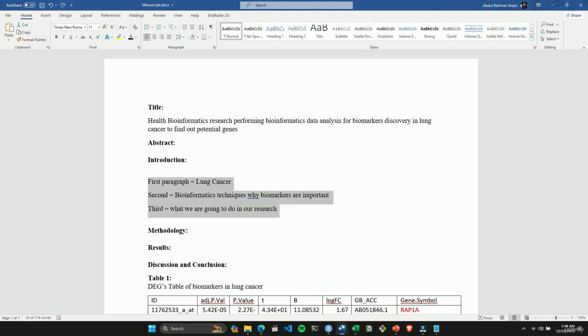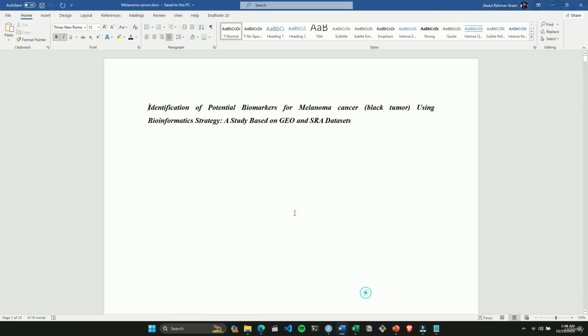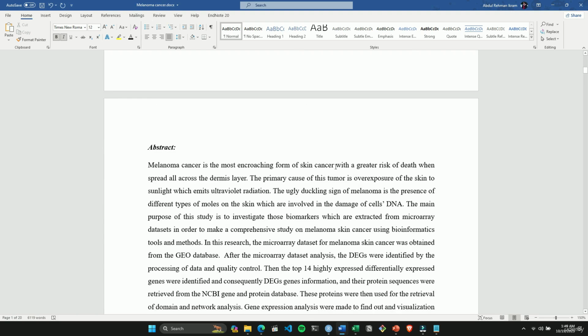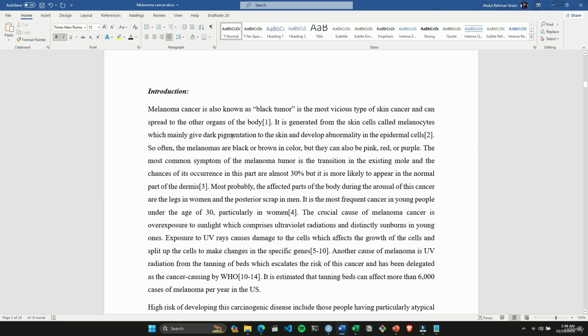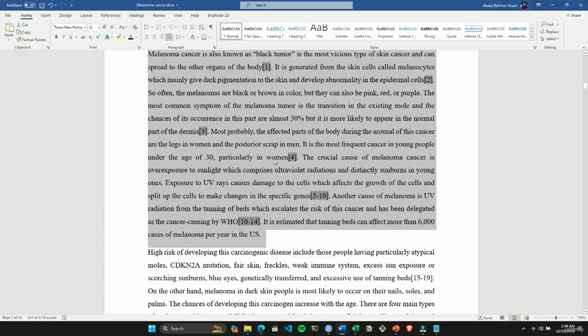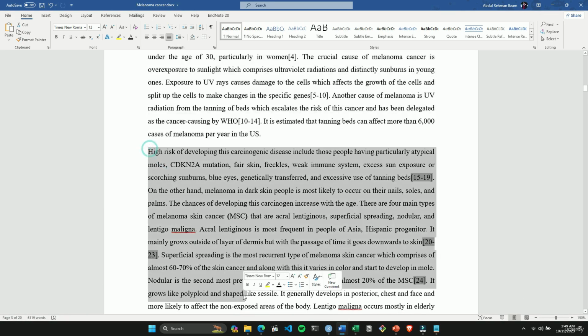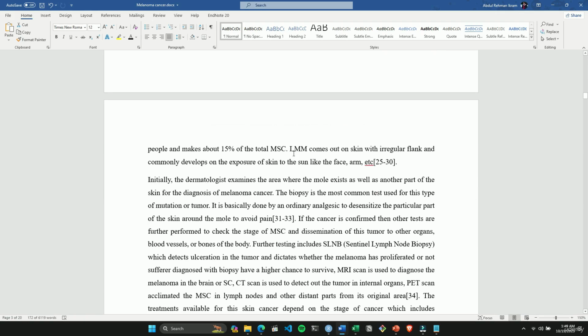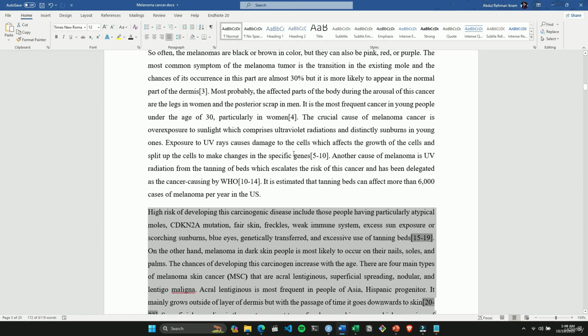So how it will look in your paper, I'm going to show you a melanoma cancer research paper that I was doing recently on the black tumor. Here you can see the introduction is written with proper paragraphing.